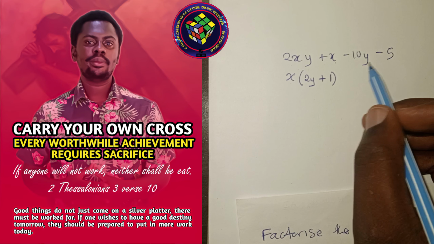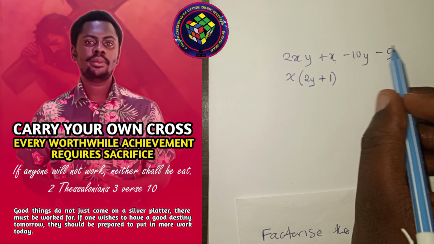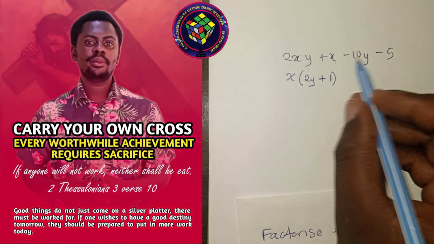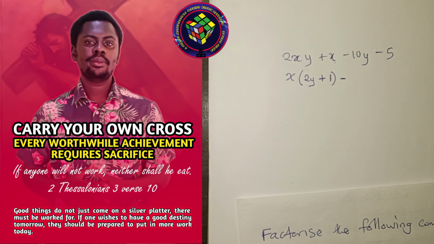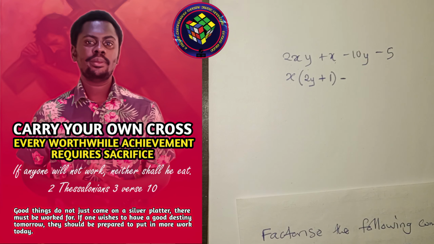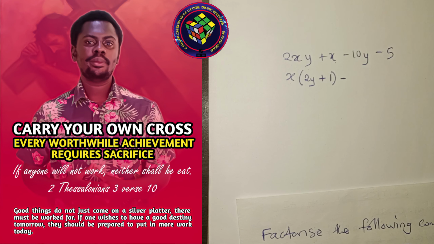Then in these two, we have minus 10y and minus 5. First thing, the minus is common. There is minus there and there is minus there. So we start with minus. What is common in 10y and 5? We can see that the 5 can go in 10, so the 5 will be the highest common factor.